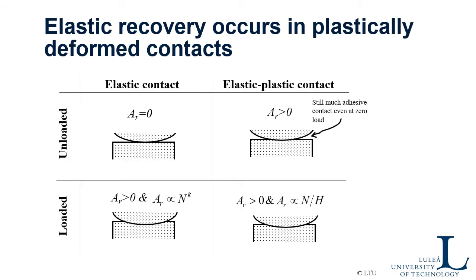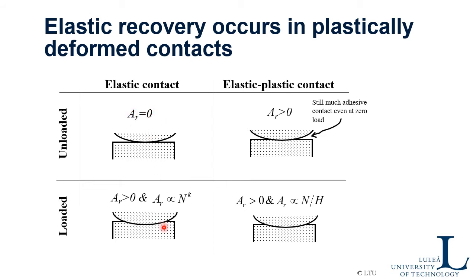Before discussing more how to avoid adhesive friction, I also want to mention elastic recovery. That is a little bit of a funny effect. If you have a purely elastic contact, the real area of contact is 0 before applying any load.